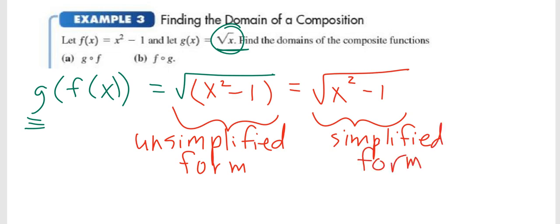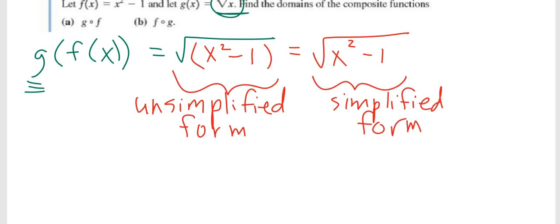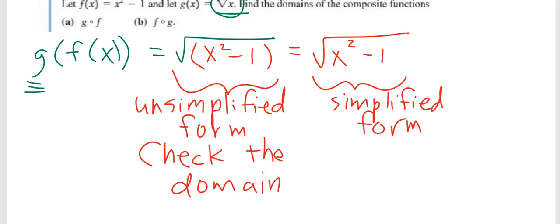You're probably going to say, well, the unsimplified doesn't look a whole lot different than the simplified. I do realize in this case, folks, that doesn't look like a whole lot of difference, because there's not really a difference. But the point I'm trying to make is that we check the domain over here. Never over there.